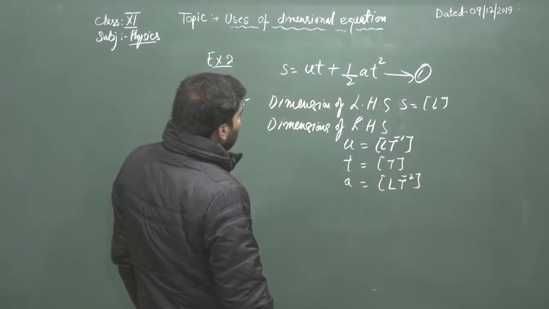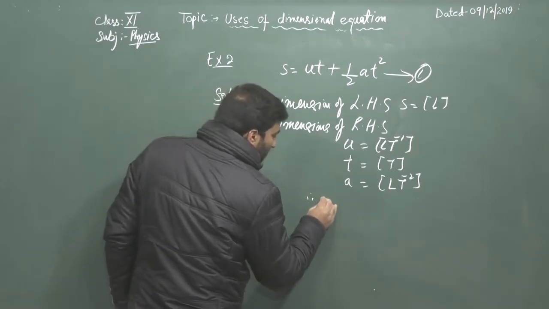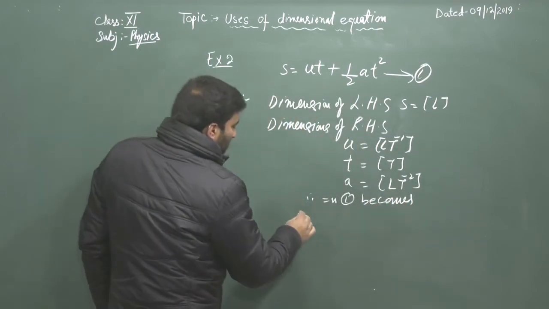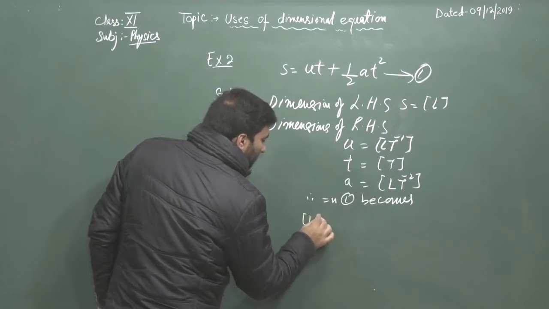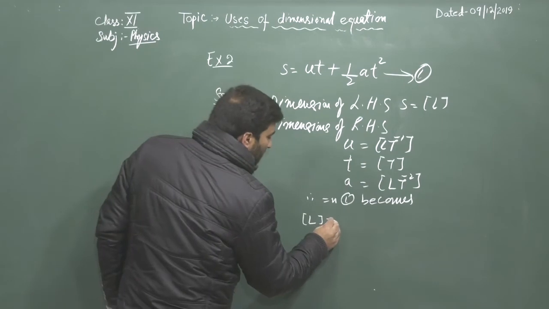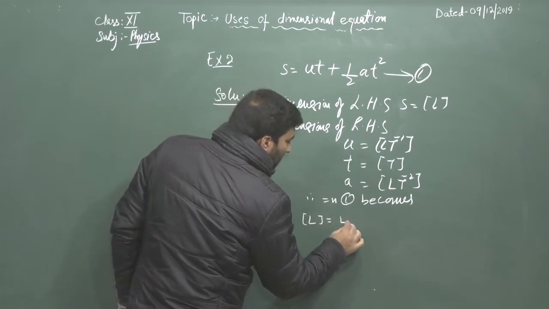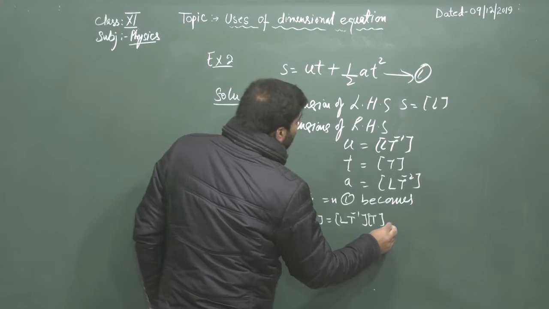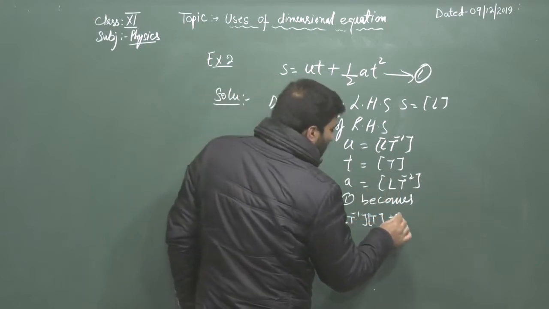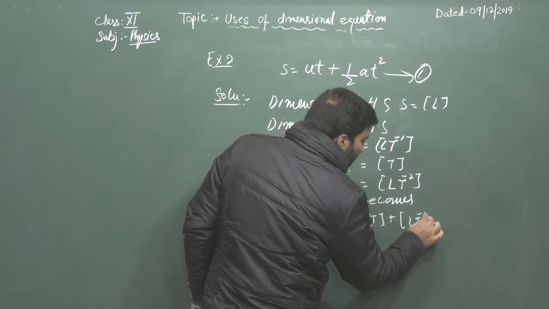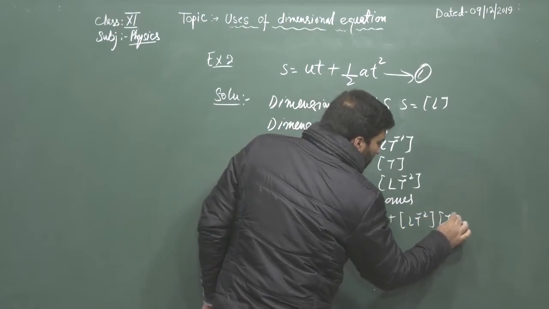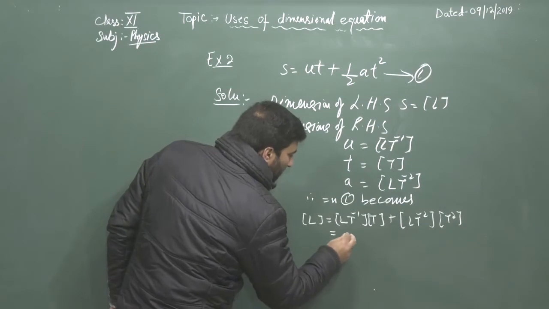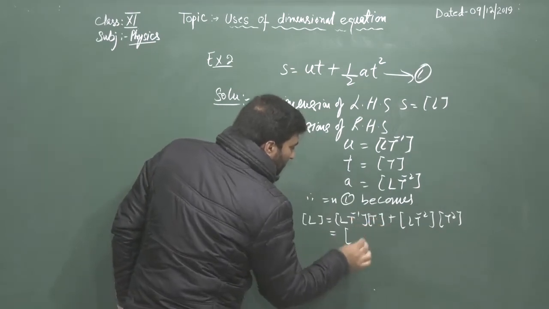So therefore equation first becomes, instead of S we write its dimension, u is L t minus 1 into t, plus 1 by 2, it is dimensionless, dimensions of a is L t minus 2 into t square. So t and this t will go.